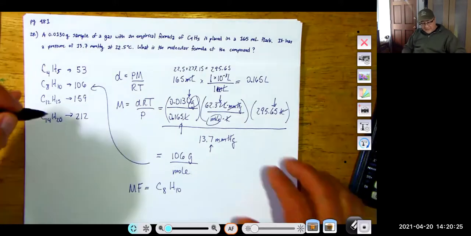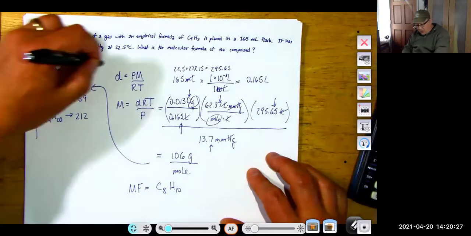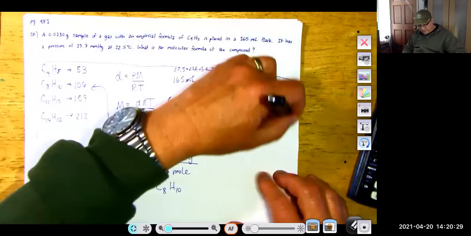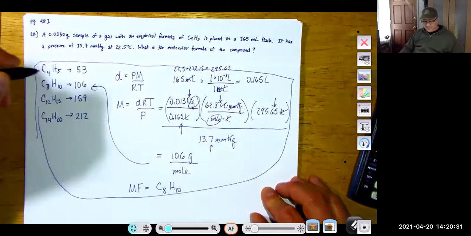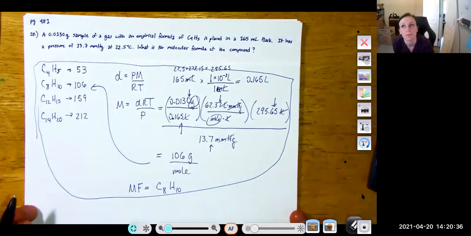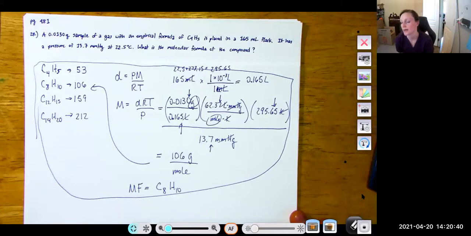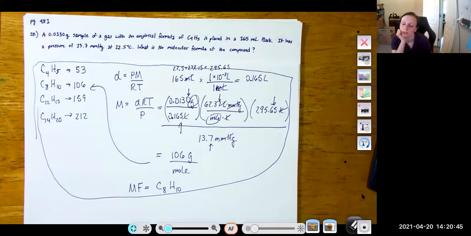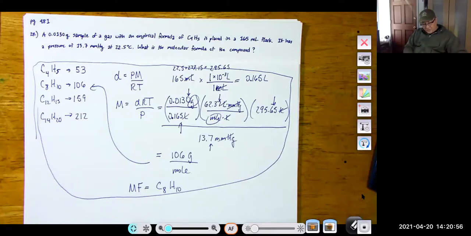So I would actually expect to see all of this as part of your answer. Wouldn't we divide this molar mass? I'm trying to think of the steps to get the molecular formula. If we're given the empirical formula, then we would divide the molar mass by the empirical mass to get the multiplier.